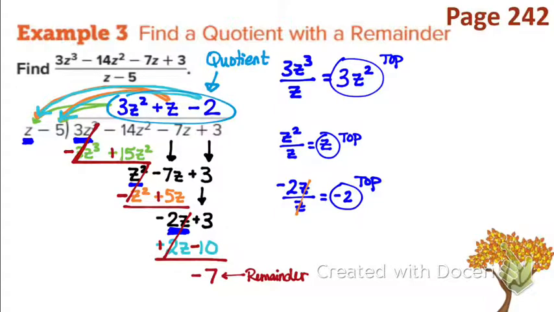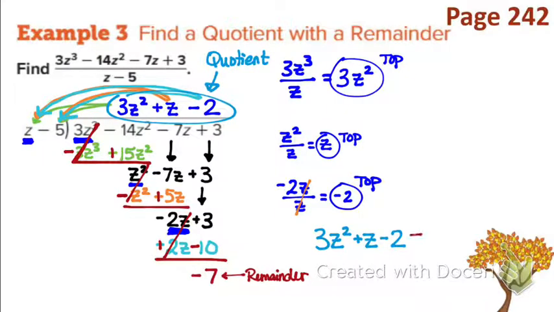So the way I would write my final answer for this, I write my quotient first. 3z squared plus z minus 2. And then I need my remainder, but the remainder is still part of a fraction. Remember on the bell work when I had that remainder? I had a remainder of 1 and I had to put it over this piece. I have to take this remainder and put it over this.